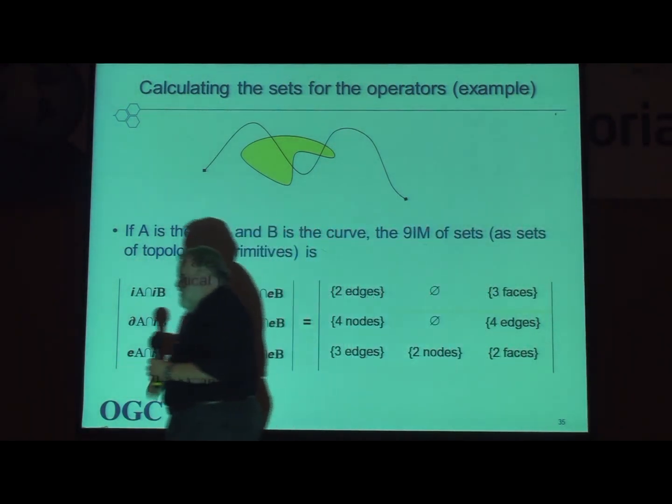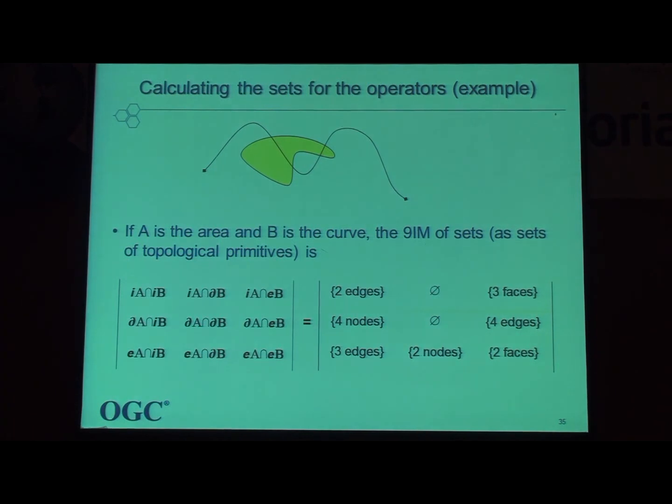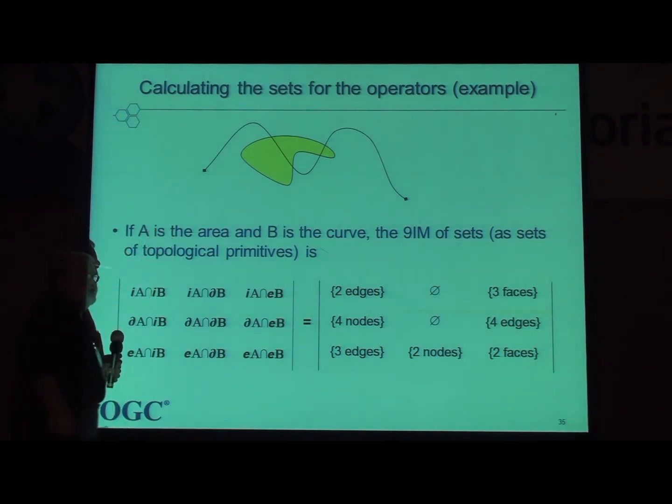Okay, here's an area and a curve sitting in the universe all by themselves. So let's start thinking about, well, how many edges are there? There's a whole bunch, actually. There's the line, but it keeps on crossing other lines. So every time it crosses another line, you have to put a node in there to break it. Because an edge can only have one face on its left, one face on its right. So this nice curvy line is one edge till it hits the yellow thing, then it breaks a node there, then it's one edge till it hits the other side, breaks a node there, then it's one edge till it hits the side again, breaks another node, and then the final edge.